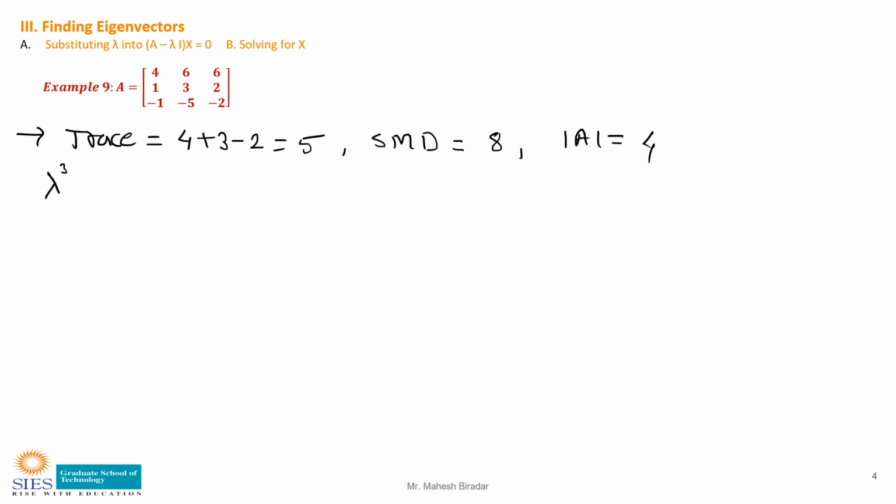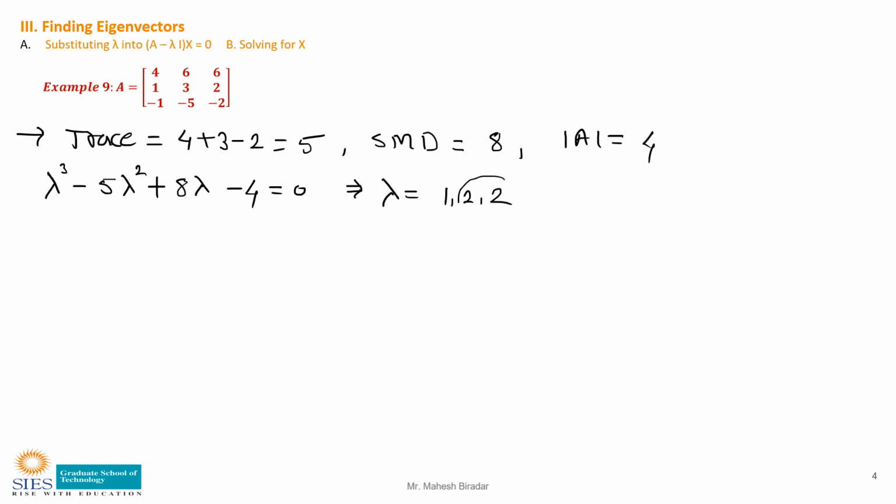Characteristic equation: lambda cube minus 5 lambda square plus 8 lambda minus 4 equal to 0. Enter this equation in calc. You will get lambda is equal to 1, 2 and 2.